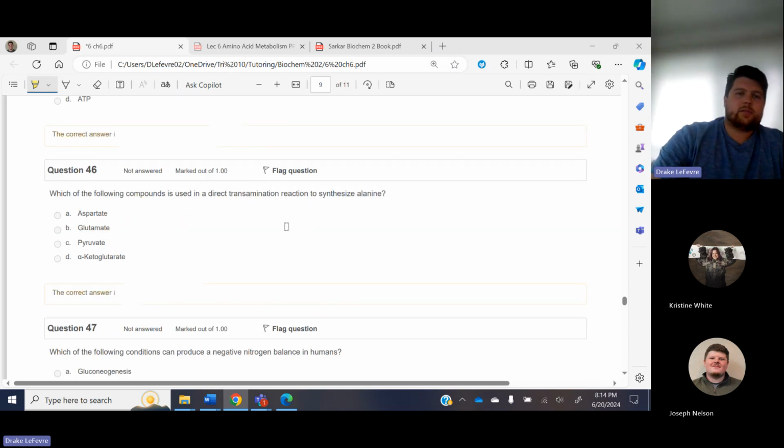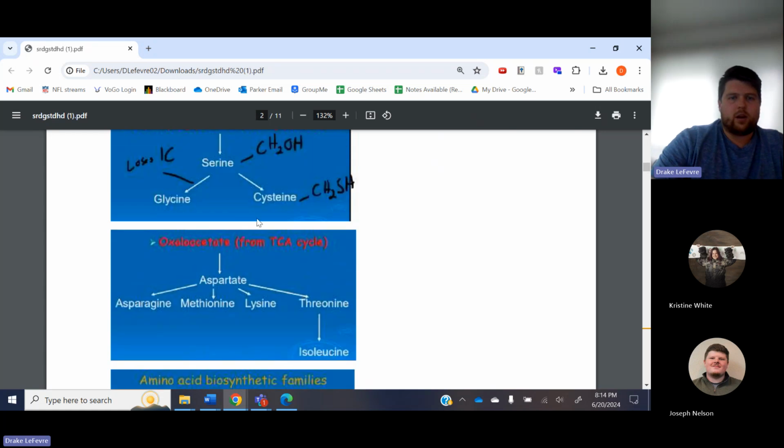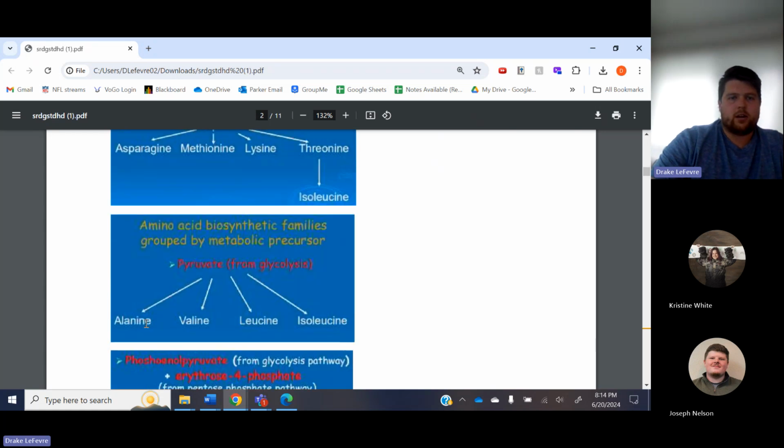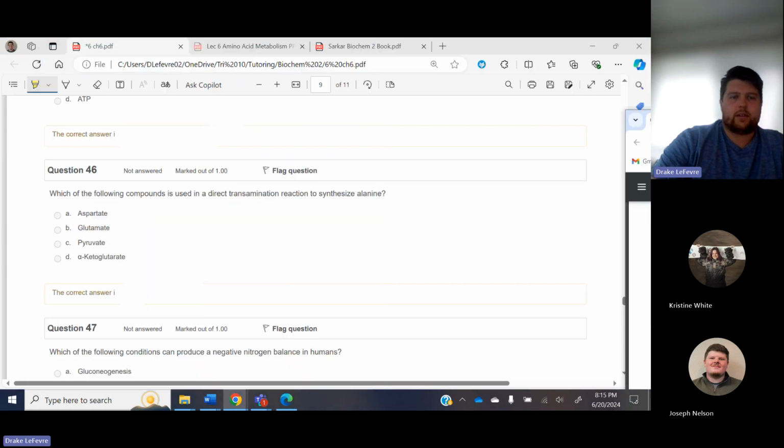Which of the following compounds is used in a direct transamination reaction to synthesize alanine? We find where our alanine is right here. Alanine goes to pyruvate.